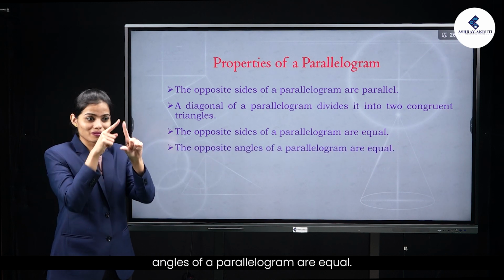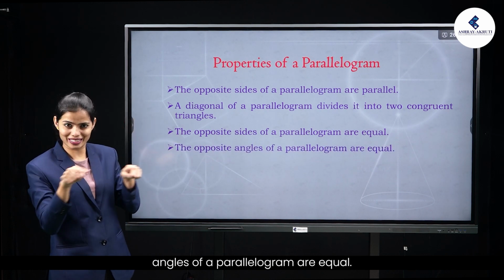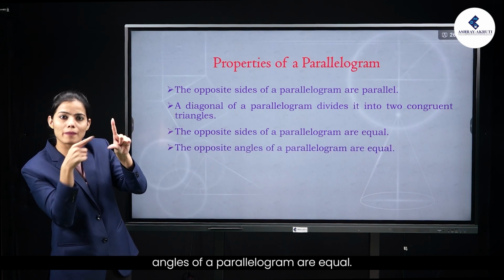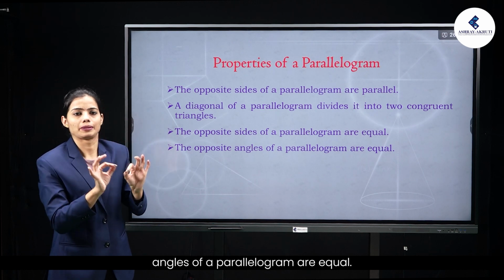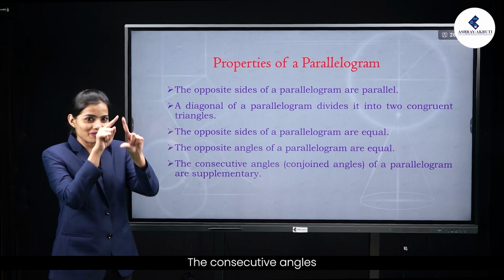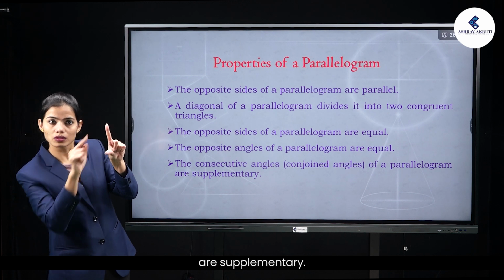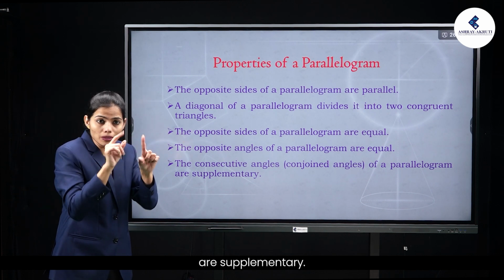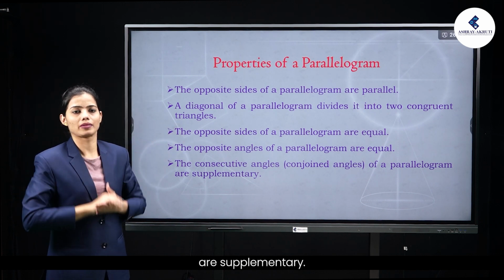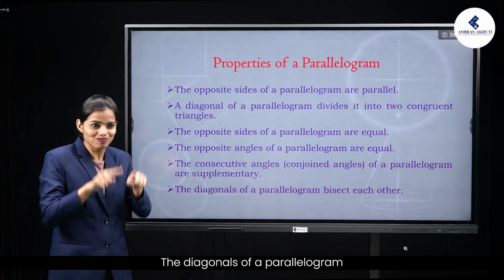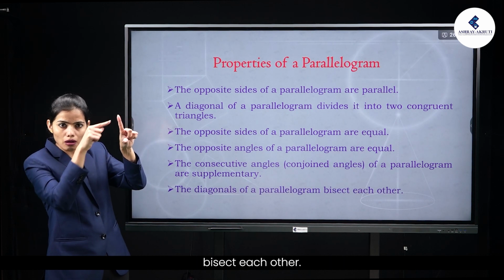The opposite angles of a parallelogram are equal. The consecutive angles of a parallelogram are supplementary. The diagonals of a parallelogram bisect each other.